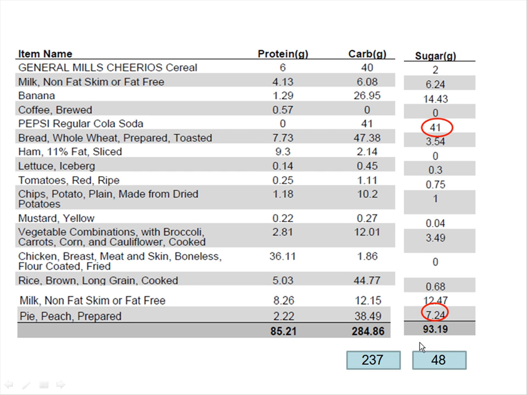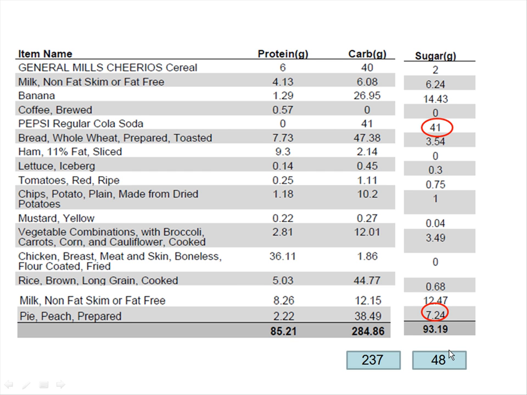And so if I subtracted the 285 minus the 48 for that particular day, I would have about 237 grams of complex natural sugars.